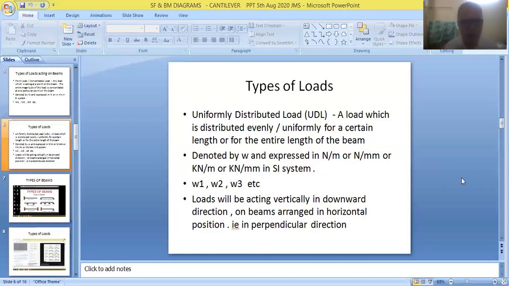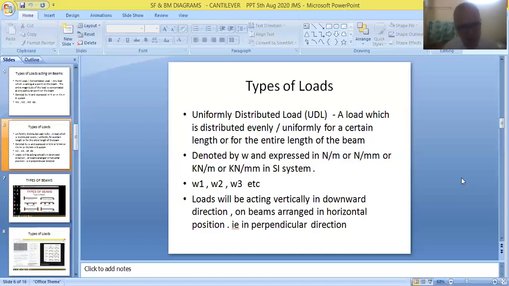So the situation will be different in different cases. In some cases, UDLs will be acting for the entire length of the beam, and in some cases, a UDL will be acting only for a portion of the beam.